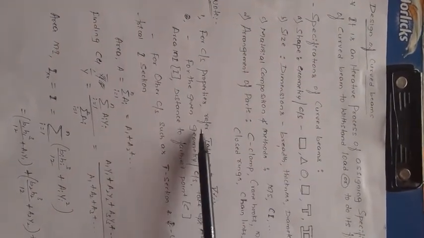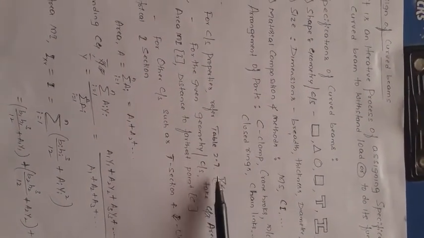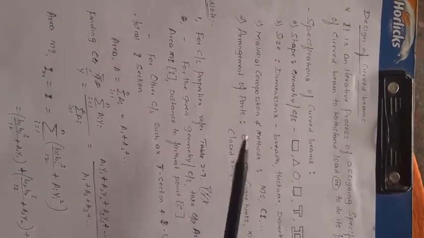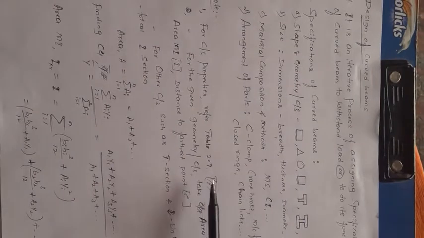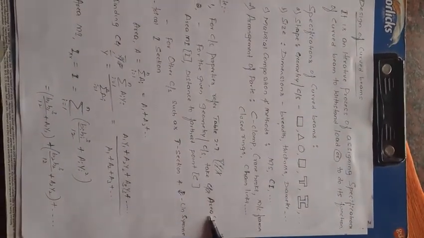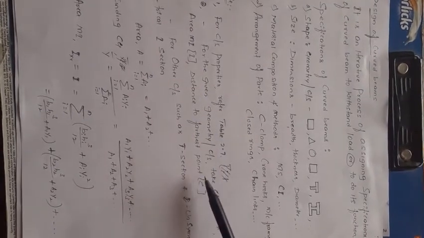How do you get the cross sectional properties or geometrical properties? Refer to table 2.7 from volume 1 in the Design Data Handbook by Professor Lingaiah. Right? For the given geometry or cross section, take the cross sectional area A, the area moment of inertia, and the distance to the farthest point.